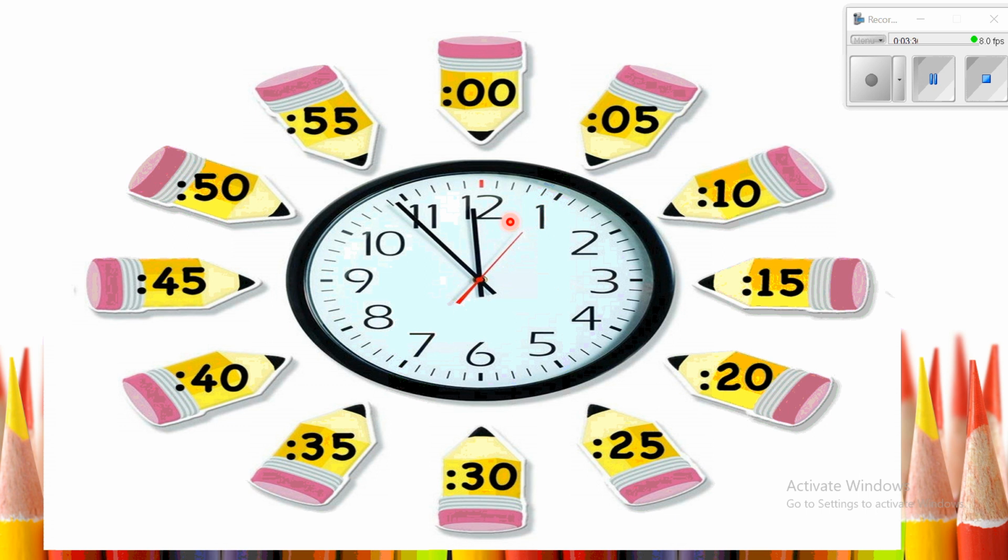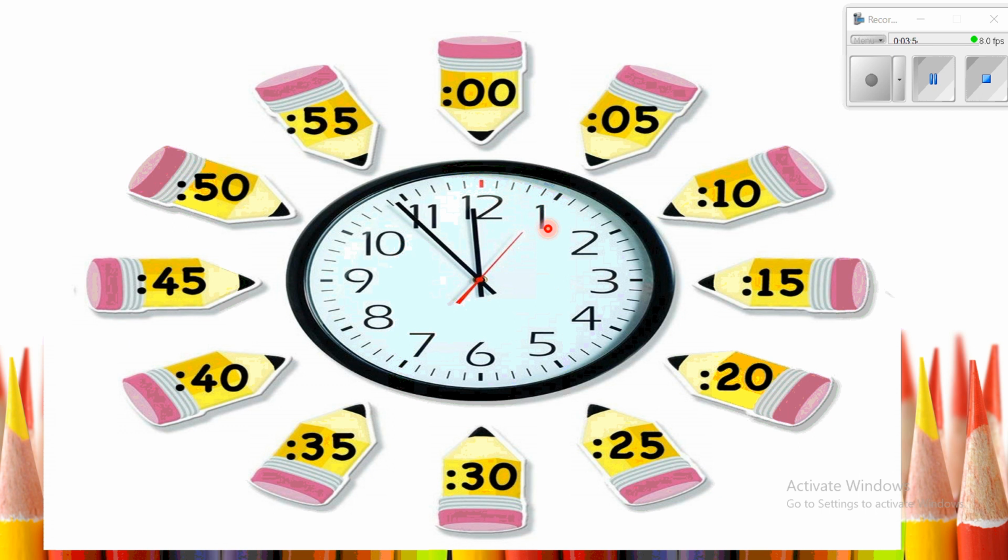But if the long hand, which is the minute hand, moves from here to here, it's only 1 minute. So from here to here, 1 hour. From here to here, 1 minute.